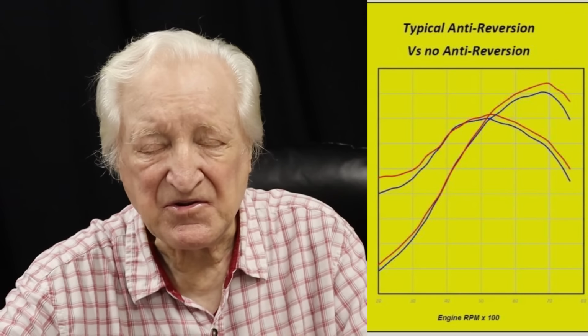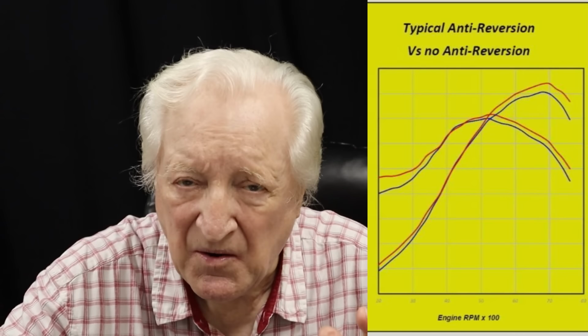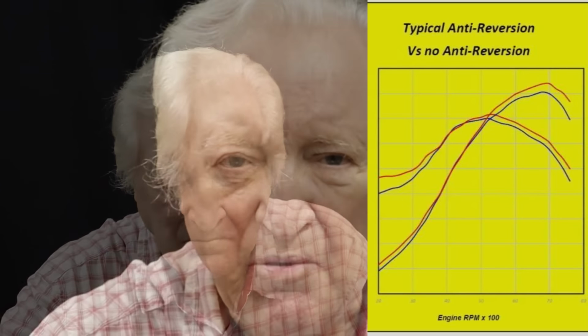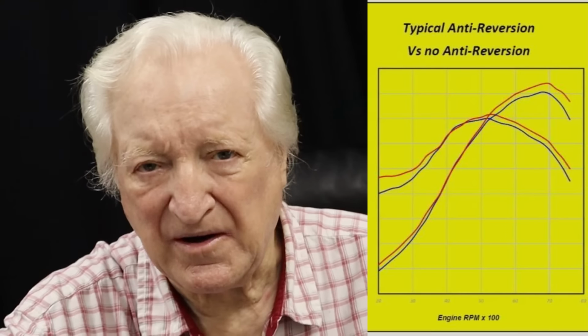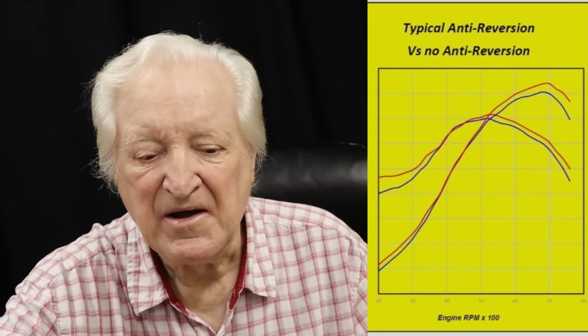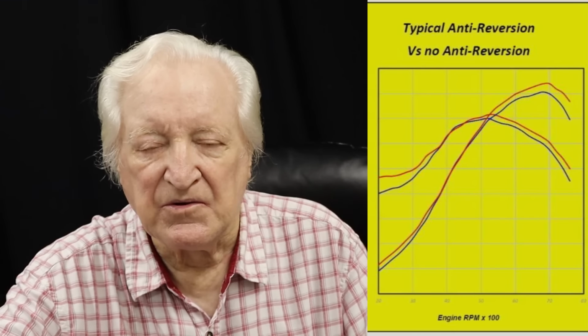But there's some engines that have no response to this at all, and it should never be used on them. For instance, the pressure gradient across a Cosworth DFV Formula One engine, the one they had all the success with back in the 70s and early 80s. You probe those and it's like 300 feet per second at the top and 295 at the bottom. It's pretty much constant right across there.